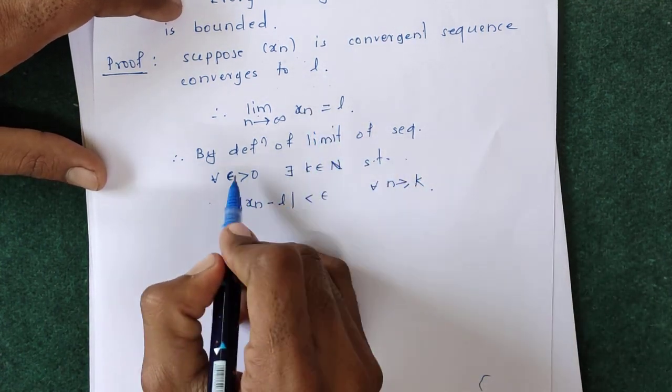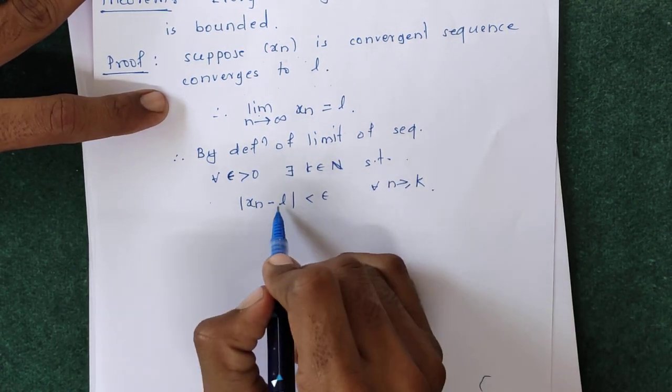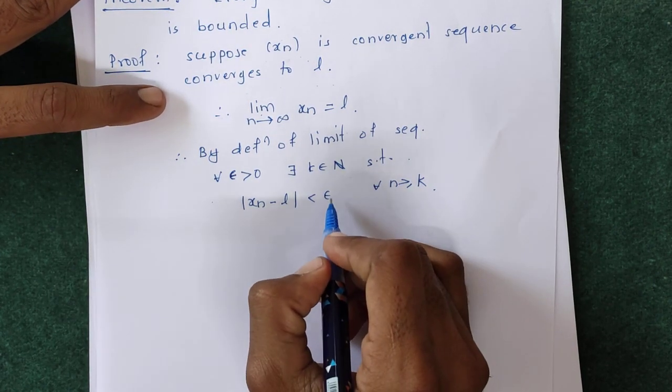So if the limit exists, then for all epsilon positive we can find the number k such that mod of xn minus L is less than epsilon.